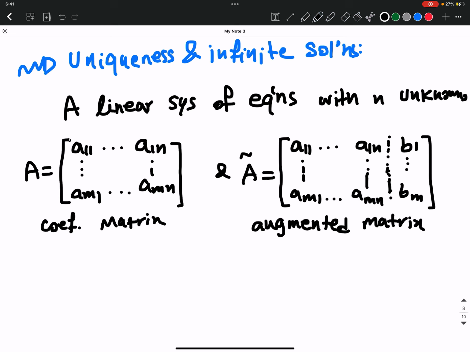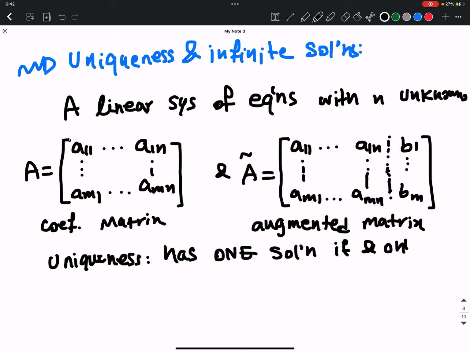So these are our linear system of equations. Now we define uniqueness as: this system of linear equations has only one solution if and only if the rank of A, which we show with R, and the augmented A equals n, the number of equations and unknowns.